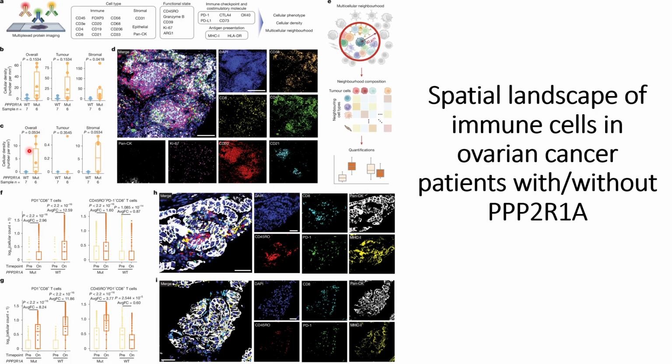Similarly, when they check the other immune cells, they found that their amount is also increased. In the mutant case, the overall cellular density is increased, and this increase is mainly in the stromal region. In the tumor regions, they do not see an increase that is statistically significant.